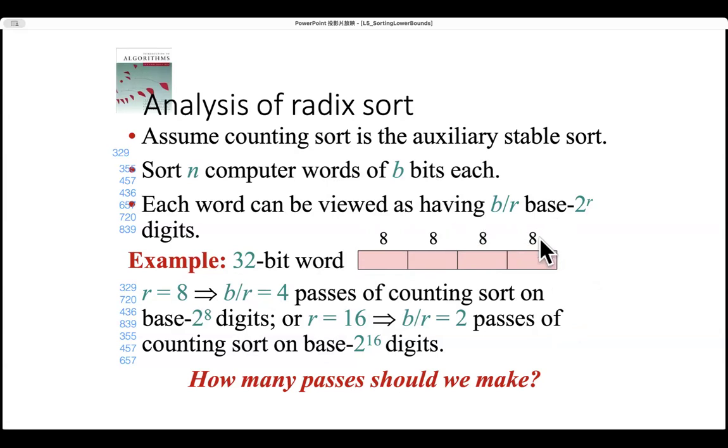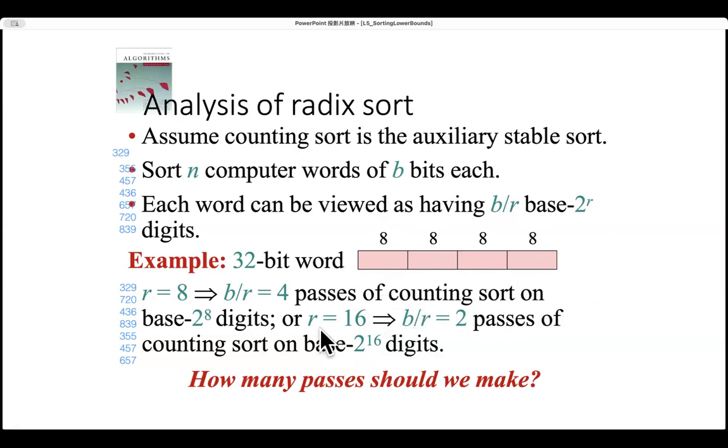You can do 2 bits at a time for 16 passes, 4 bits at a time for 8 passes, 8 bits at a time for 4 passes, and 16 bits at a time for 2 passes. You could also do 32 bits at a time for 1 pass. In that case, the radix sort is reduced to counting sort.